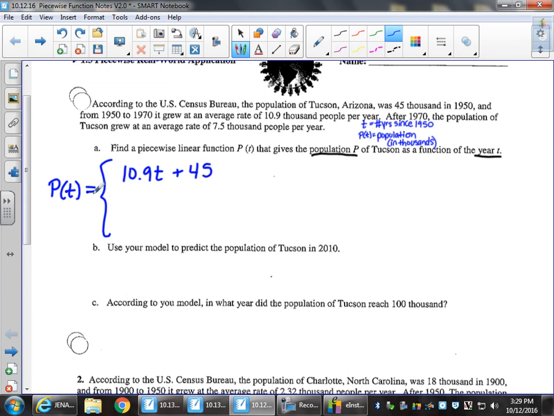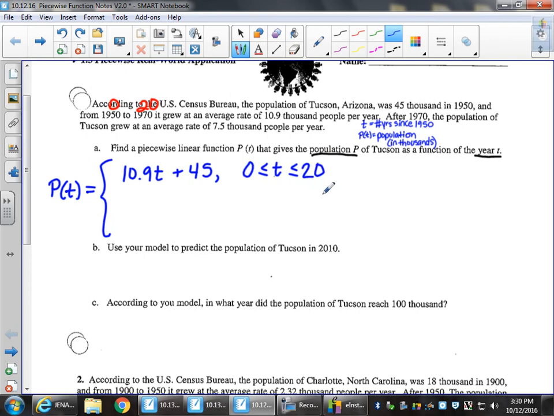Because my output is defined in thousands, I can just write 45. I don't need to write 45,000. And that is between 1950 and 1970. Because 1950 is my 0 year, this will be from t is 0 to 20. So that piece exists with the restriction of t between 0 and 20.